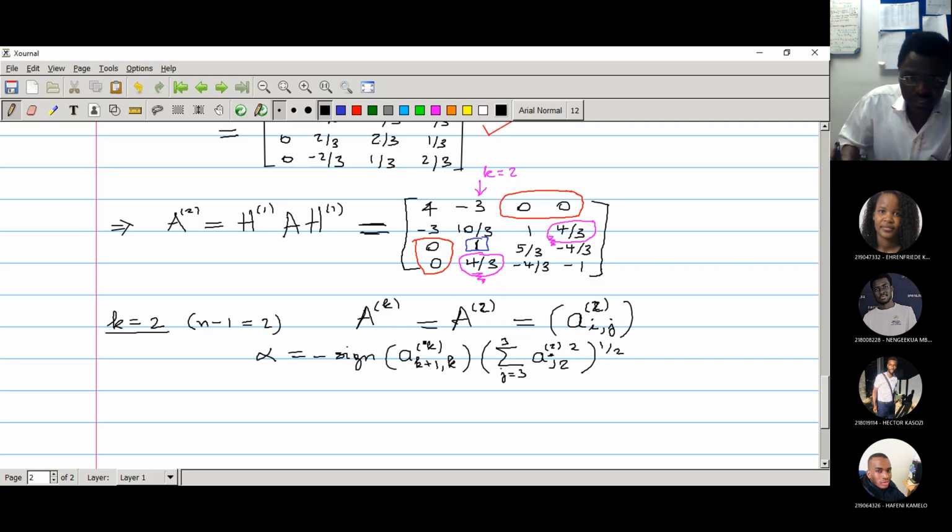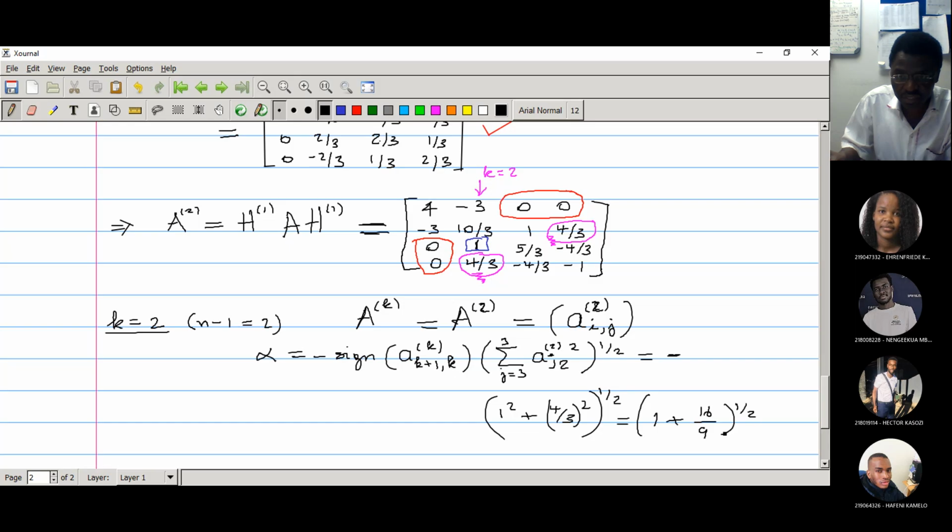Then this is 1, so the sign will be -1. So this is negative. Now, if we square all these entries, because second we are here, and we start from 3. 1, 2, 3. We start from here, and we square. So it will be 1 square plus 4 by 3 square, and we take the square root of that quantity. That is 1 plus 16 by 9, square root of that.